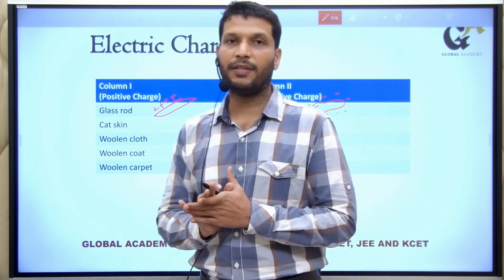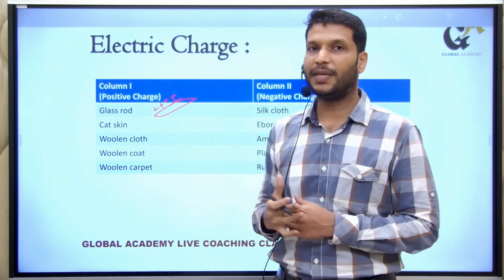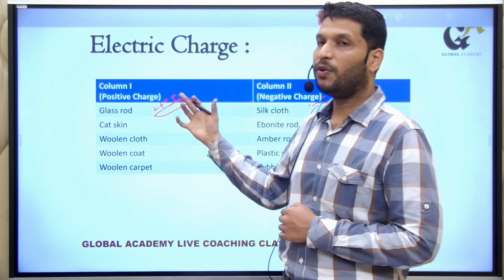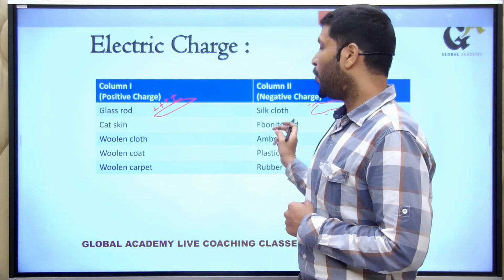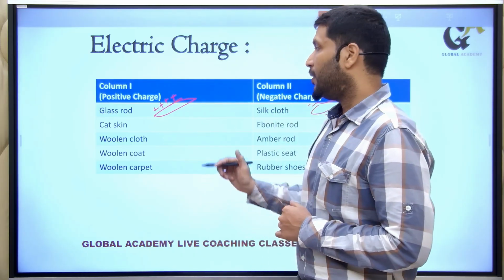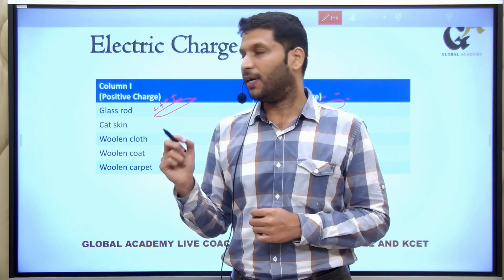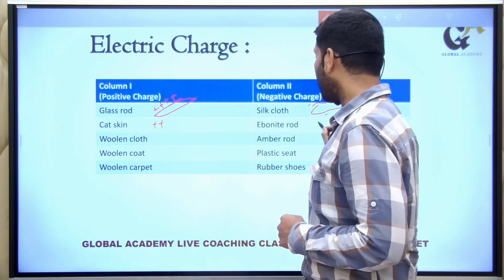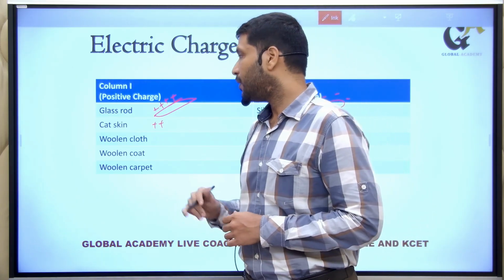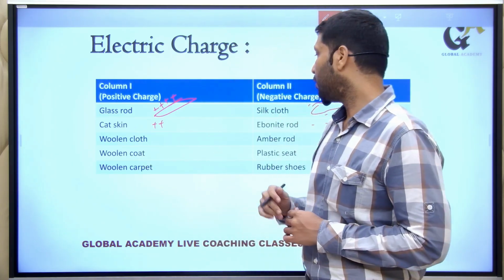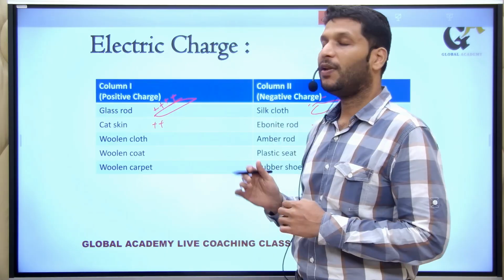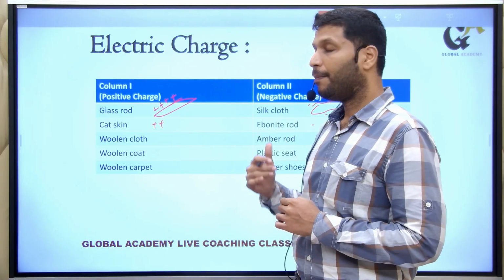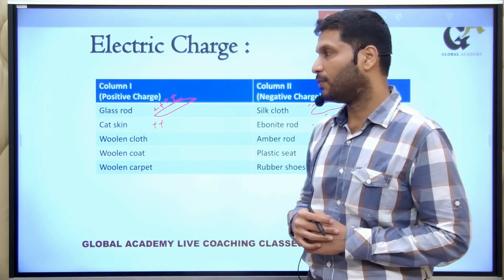Okay, so these are the phenomena which were observed by the scientists. Similarly, when you rub the ebonite rod with cat skin, the cat fur gets the positive charges and the ebonite rod gets the negative charges. Similarly, the woolen cloth gets the positive charge when you are rubbing with the amber rod, which gets the negative charges.